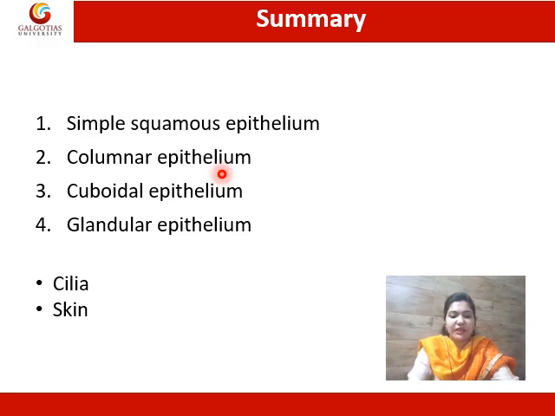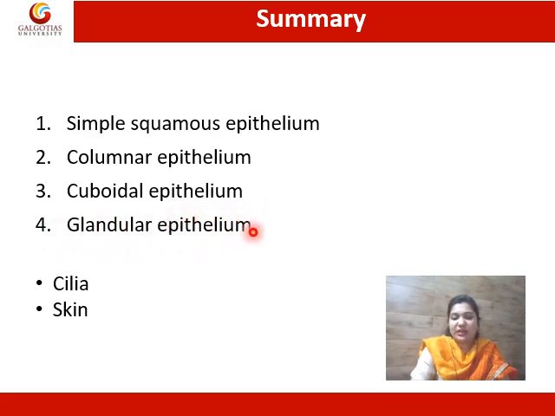They are found in the inner lining of the intestine as they are important for absorption and in absorbing secretions in the body. Third is the cuboidal epithelium. Cuboidal epithelium is found in the lining of the kidney, thyroid duct, and the salivary gland. They provide support to the columnar epithelium structure.